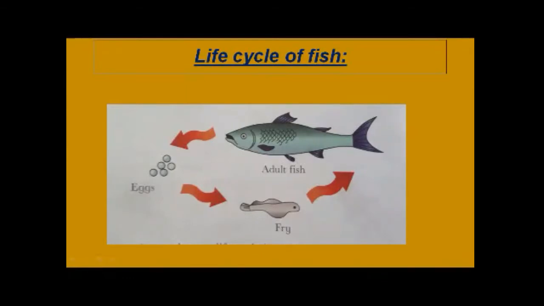Do you remember yesterday's lecture, where the baby frog is called a tadpole? Same like that, a baby fish is called a fry. Then the fry grows more. Now it becomes an adult fish. It has scales on its body. You can see here, now it has fins. Fins help in the movement of the fish. Okay, beta. This is the fish life cycle.